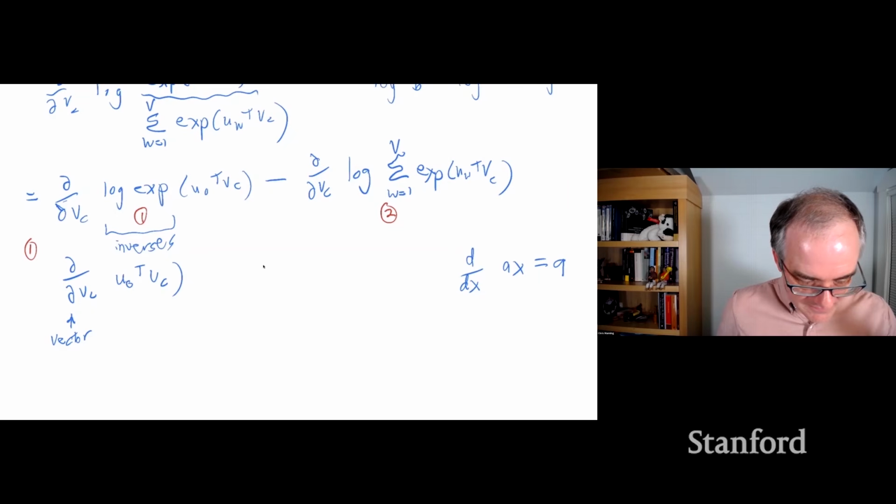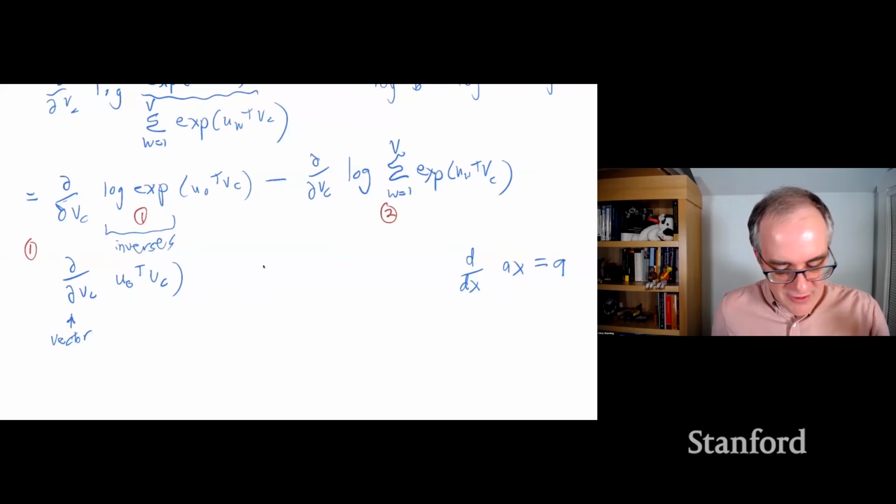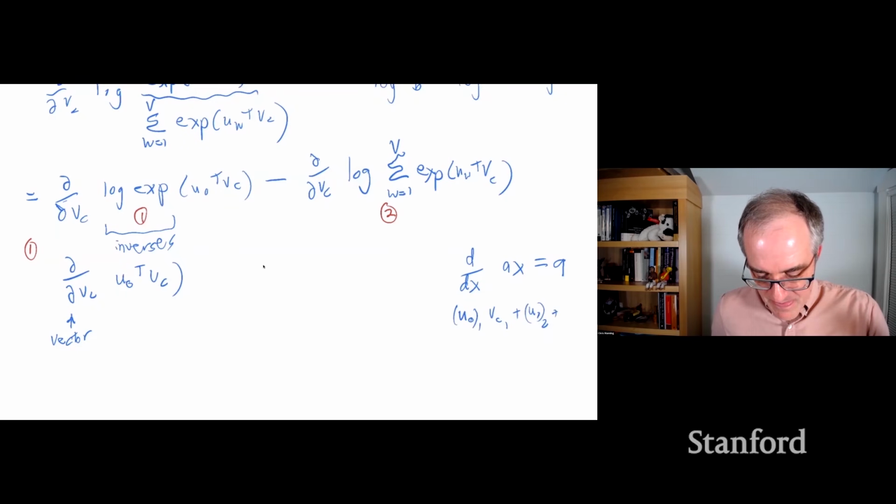Here we have the outside word dot producted with the VC. Well, at the end of the day, that's going to have terms of U0 component 1 times the center word component 1, plus U0 component 2 times the center word component 2.